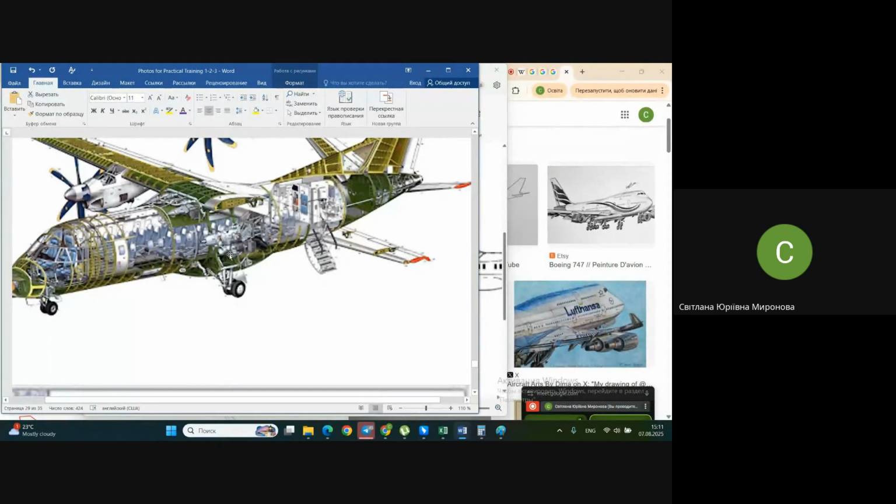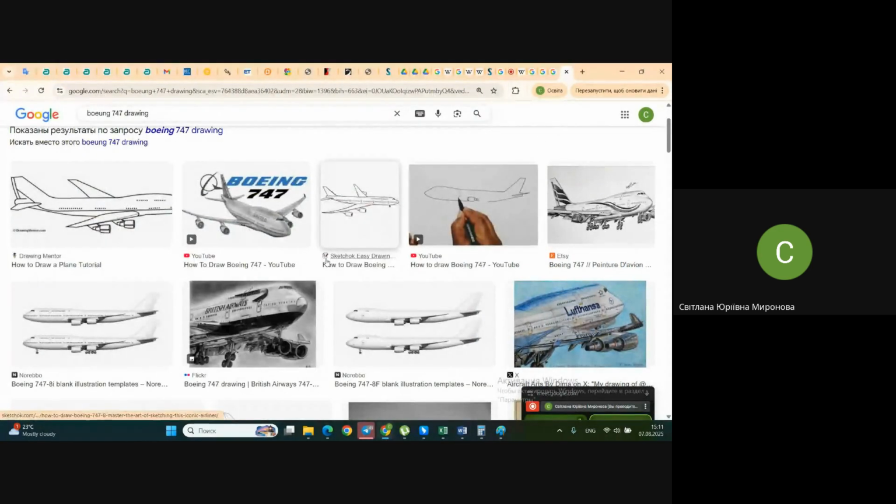But an Antonov airplane will land immediately on the luggage compartment, on the belly, yes? And airplanes that use low wing, like Boeings, Ilyushin, Tupolev, Yakovlev, in case of emergency landing will land on the structure of the wing.